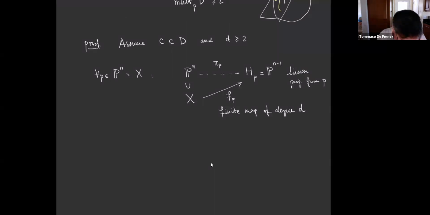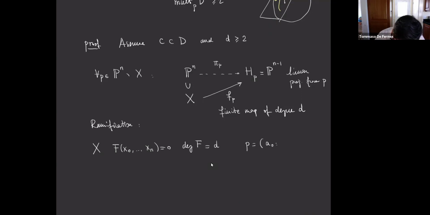Okay. So now, what is the ramification? X is defined by some equation, some f in n+1 variables equal to 0. So the degree of f is equal to d. And P is going to have some coordinates, a0, all the way to an.